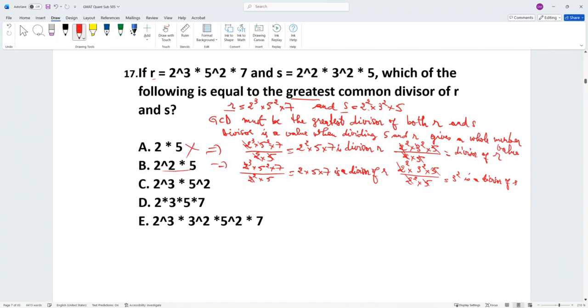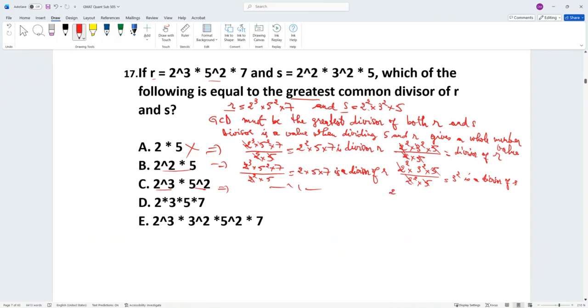So this is not the answer, because when you compare, this is greater than this. So this is out. If we try with this one, is it a divisor? We already see that here, this is definitely going to be a divisor of R, okay? But is it going to be a divisor of S here?